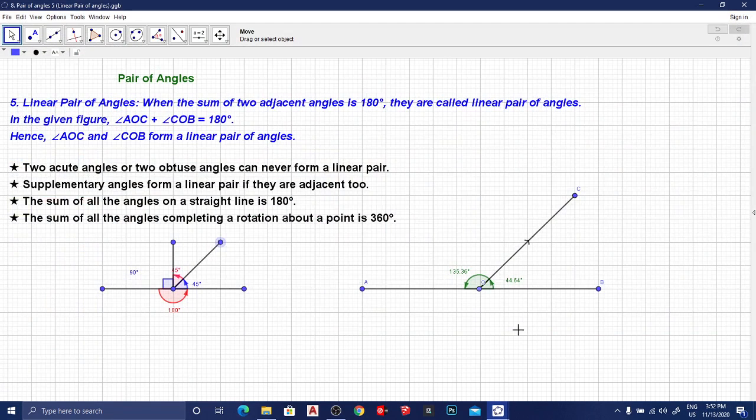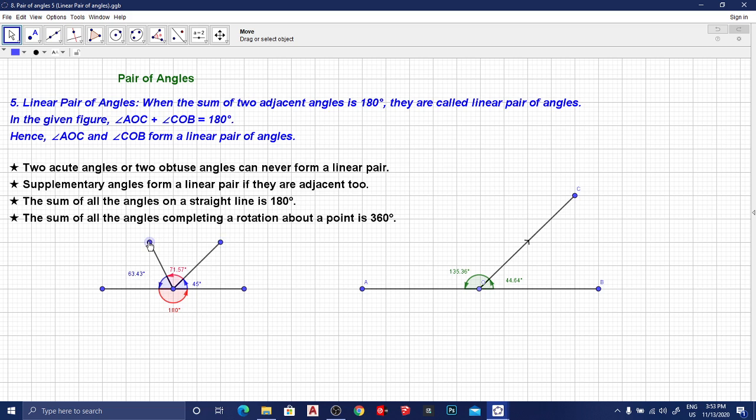Okay, so the next property is here: the sum of all the angles on a straight line is 180 degrees. See here, this is a straight line. On the straight line, these three angles I am showing here. If you take the sum of these three angles, you will get 180 degrees. See, 90 plus 45 plus 45 is 180 degrees.